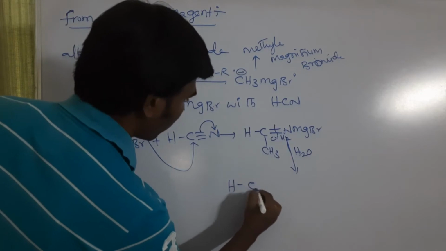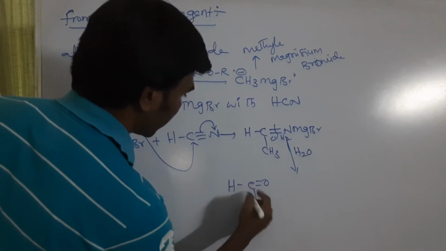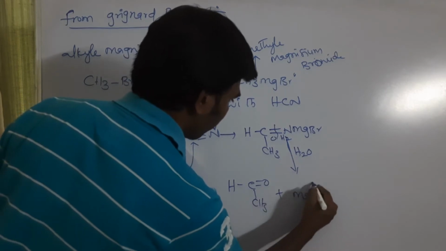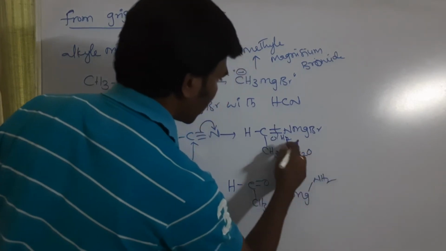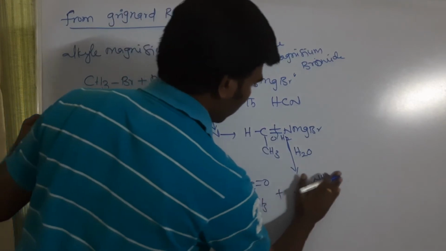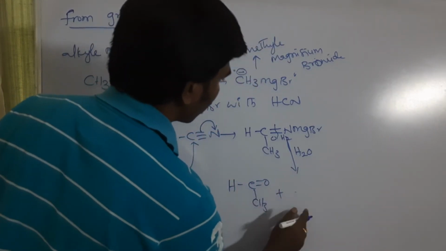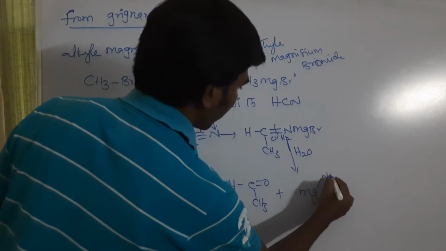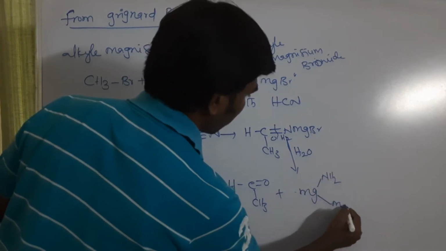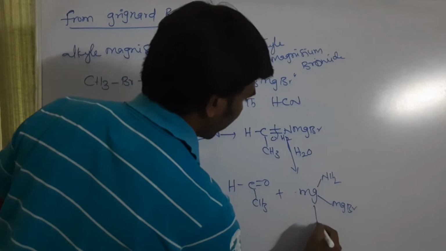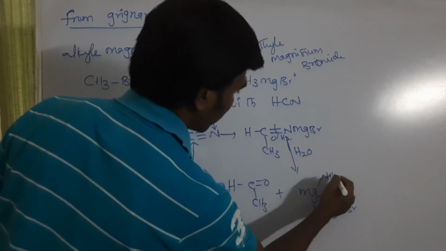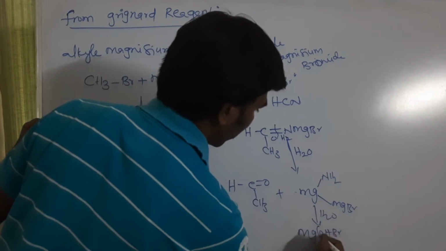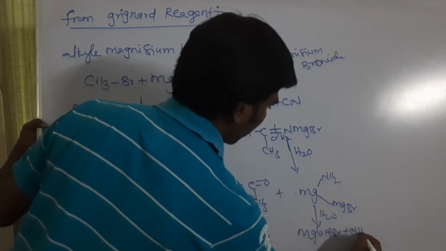Then you will get CH3 HC double bond O, plus MgNH2 and MgBr. When reacting with water, one hydrogen connects to this one, so you will get MgOHBr, and ammonia will be separated.